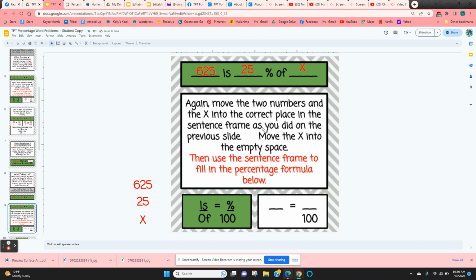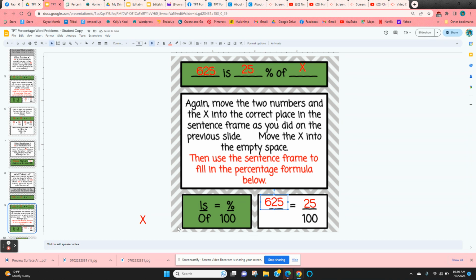Now we're going to move it into the formula: is over of equals percent over 100. And again, the percent's the easiest to place, so we'll do that first. And then is, well, the number next to the word is 625. So that goes here.